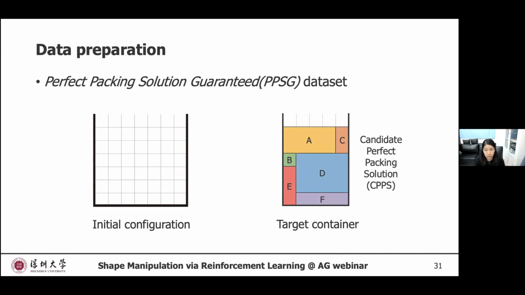Then we take the boxes out of the target container in sequence to form an initial configuration, which guarantees to be reversible for packing back into the CPPS, which means for this set, we know that a perfect packing result exists.